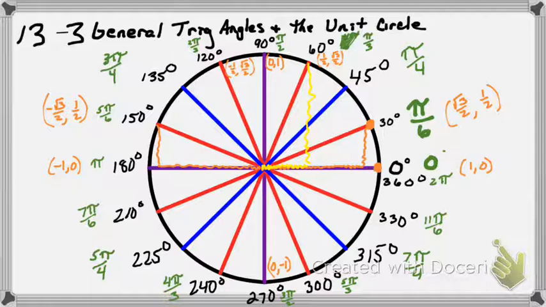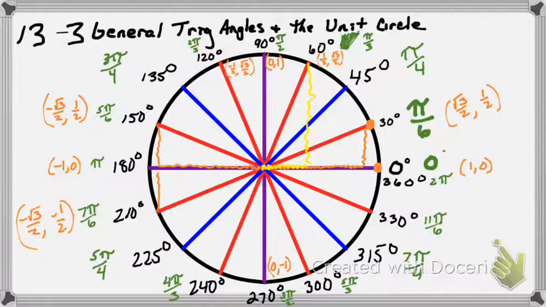For 210, we are going left and down. So what is that going to mean for our y-coordinate? It's going to be negative. So what's my coordinate for 210? I went negative long, negative short. So that would be negative root 3 over 2, negative 1/2.